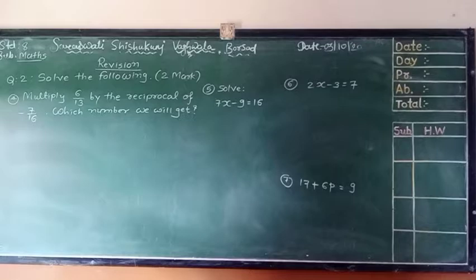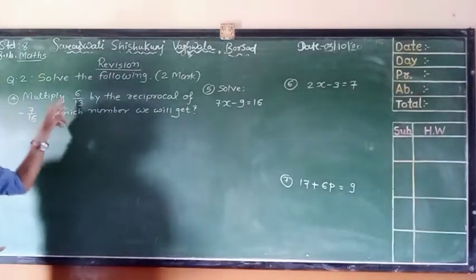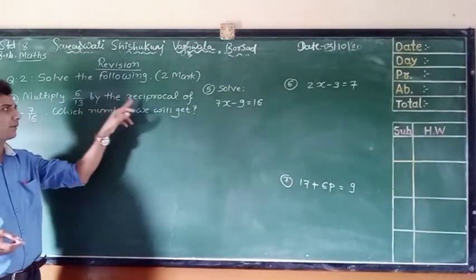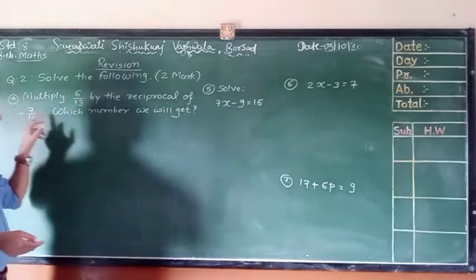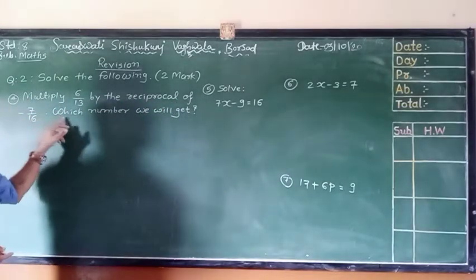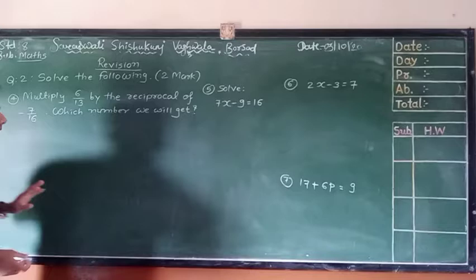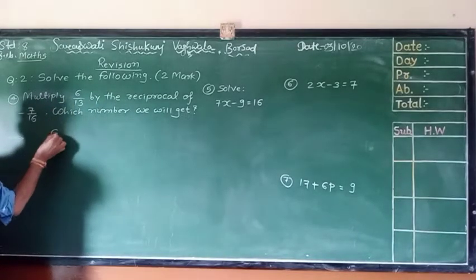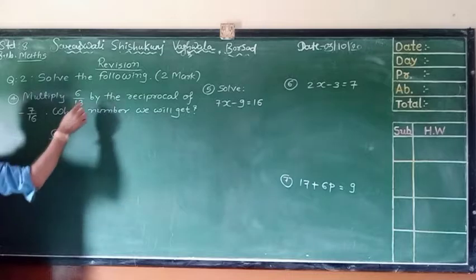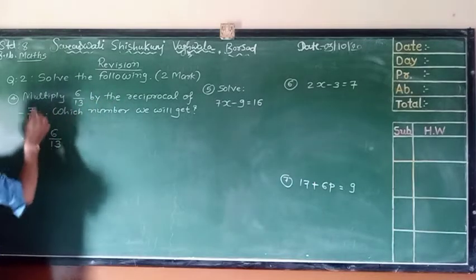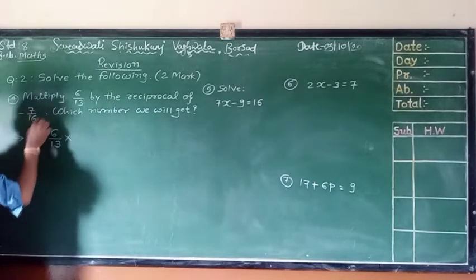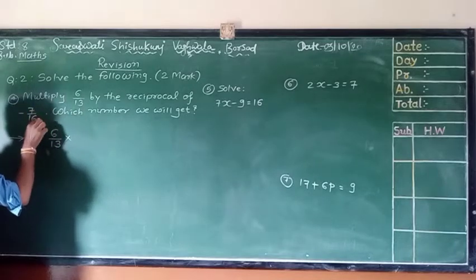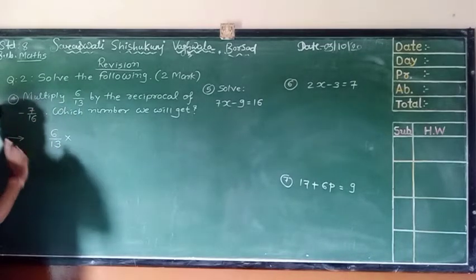Now in this number 4, multiply 6 by 13 by the reciprocal of minus 7 by 16. Which number will we get? See, this multiply 6 by 13 by the reciprocal of minus 7 by 16. Reciprocal means the numerator goes to the denominator and the denominator goes to the numerator.